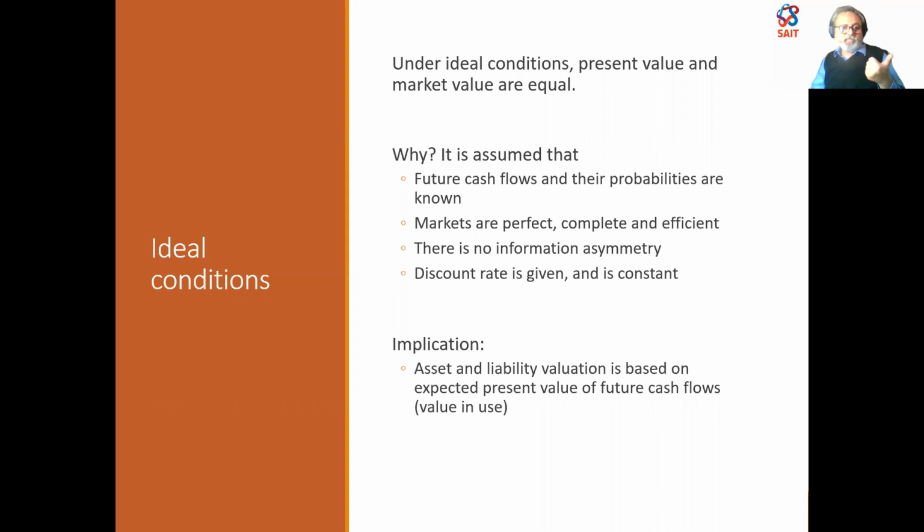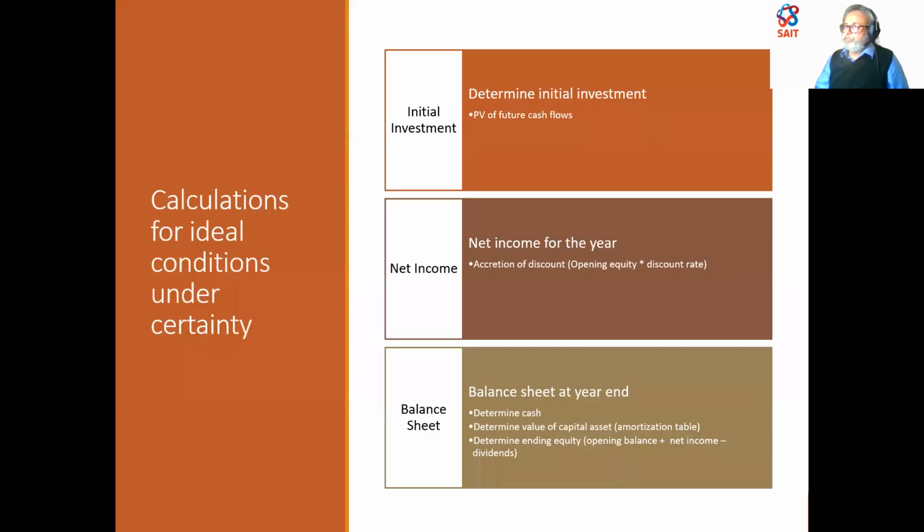And when you have certainty, there's no probabilities involved. So that's out. Markets are perfect, no information asymmetry, discount rate is given and it's constant. Well, in that case, what you do is you determine the initial investment, which is just going to be the simple present value of future cash flows.